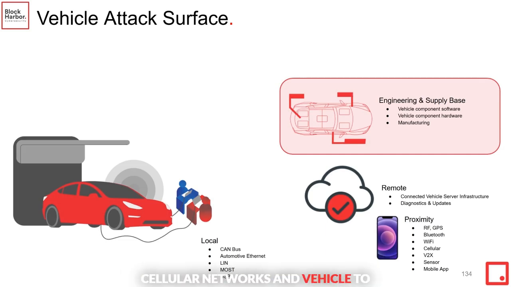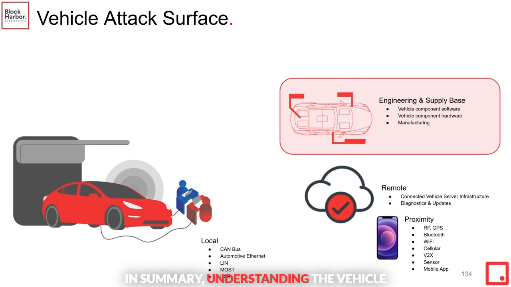Cellular networks and vehicle-to-everything: these are used for connected vehicle features like real-time traffic updates or autonomous driving support. However, they also increase the risk of remote attacks. Sensors and mobile apps: hackers can manipulate sensors such as LiDAR or cameras or exploit vulnerabilities in companion mobile devices to gain access to vehicle systems. Implementing strong security protocols for wireless communication and proximity-based services is essential for reducing the attack surface.